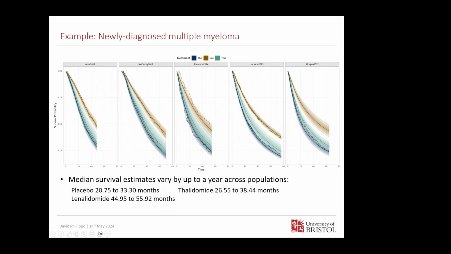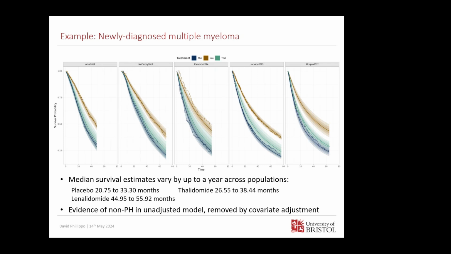So it's once again important which population we're producing predictions for from a decision-making perspective, and using MLNMR, we can get those in any population. And there was also evidence of non-proportional hazards when we fitted an unadjusted model. So where we didn't include any covariates, we actually observed non-proportional hazards for some of these studies.